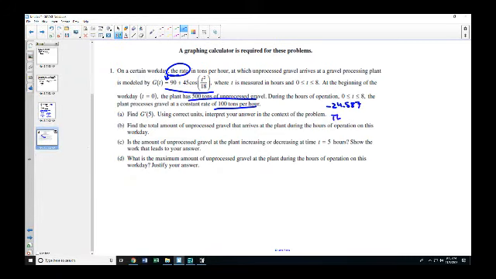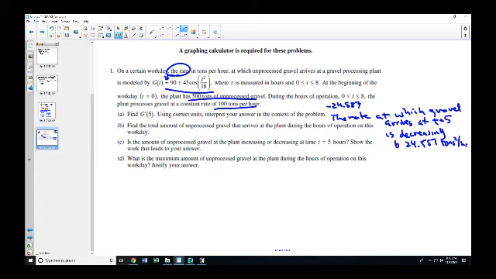Okay, the rate at which gravel arrives at t equals 5 is decreasing by 24.587.